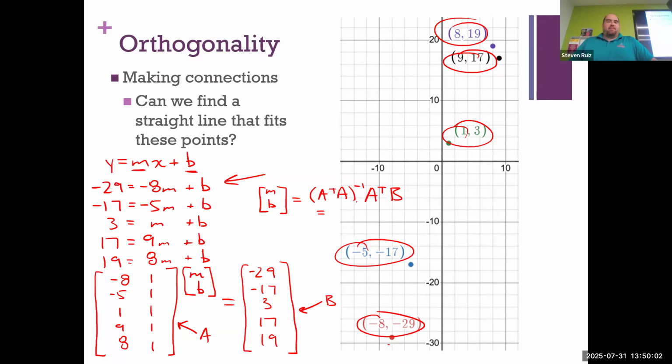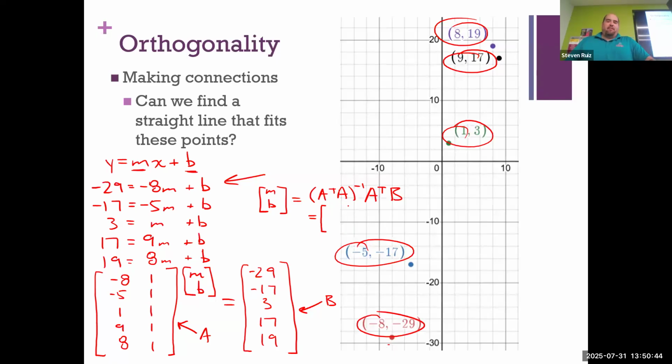What do you expect M and B to look like, unless you've already gotten there? What's that? M better be positive, and it better be relatively large, I would think, right? What about B? I would guess negative, probably not very negative though.